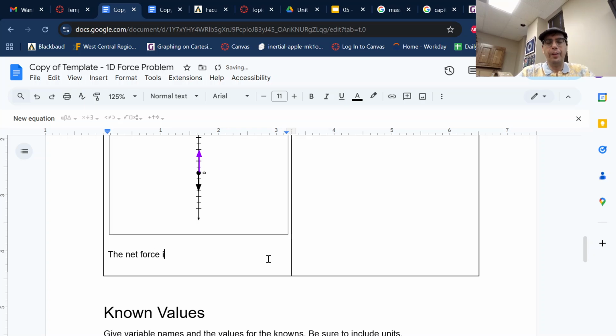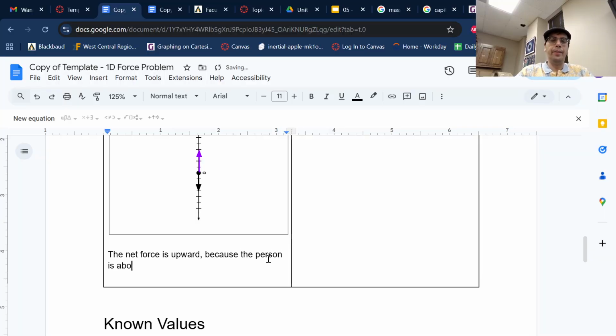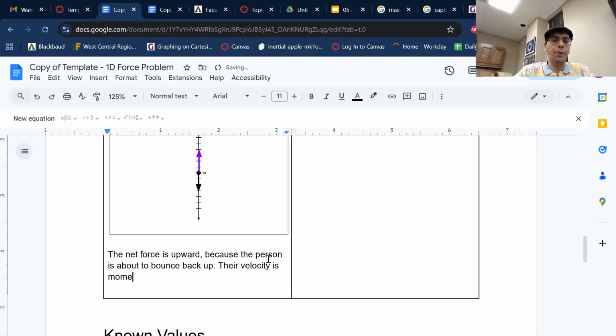The net force is upward because the person is about to bounce back up. And just to add more details, their velocity is momentarily 0. Actually, it's not literally momentarily. Momentarily means for a moment of time in English. So we'll say instantaneously 0. But it will not stay 0.